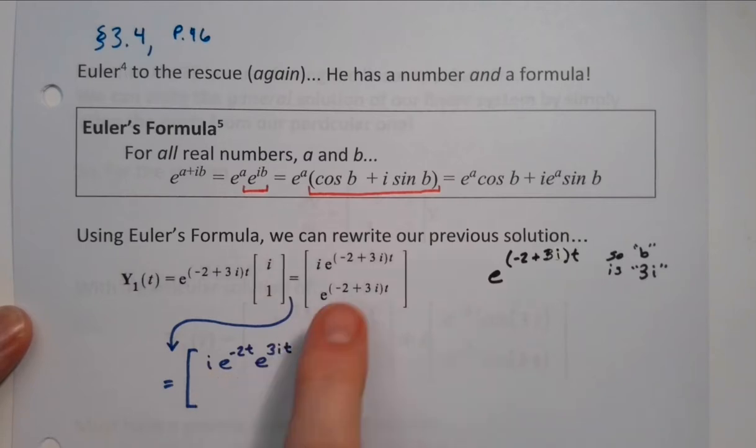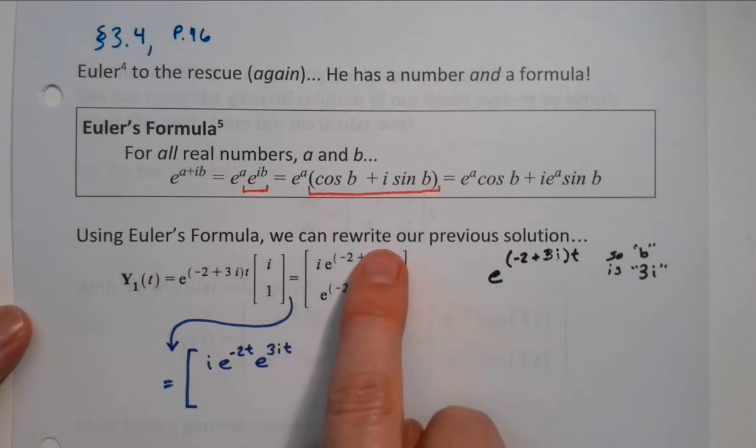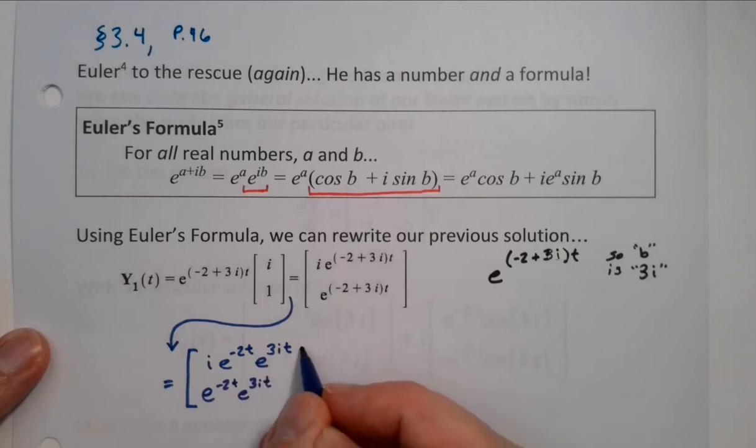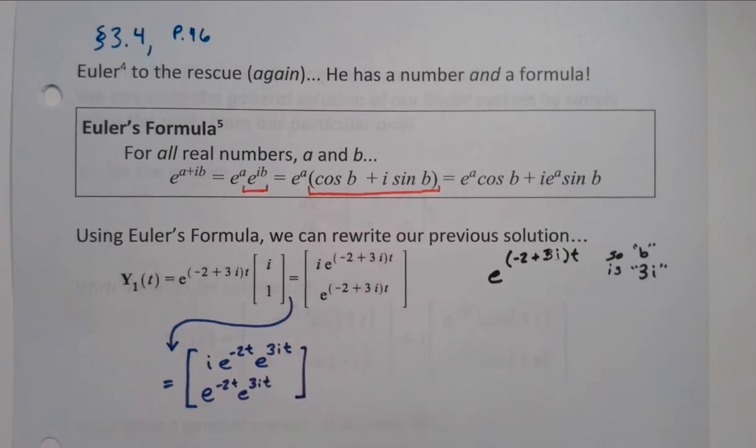Hopefully you can see where that's coming from. That's this step right here. I'm splitting things and multiplying the t into each term. And in the bottom, that's just e to the negative 2t times e to the 3it.